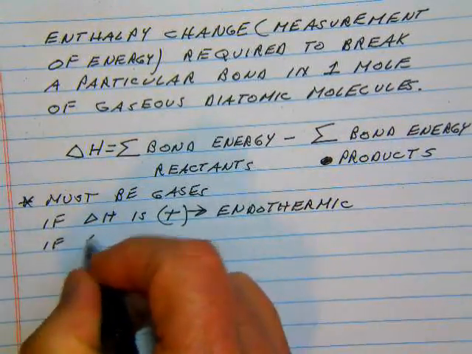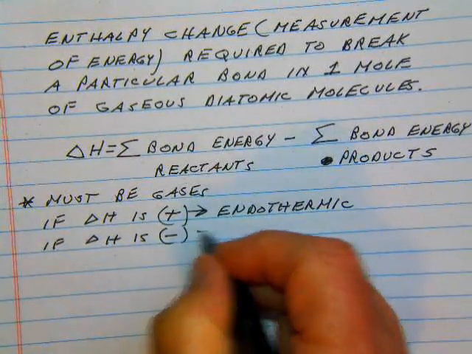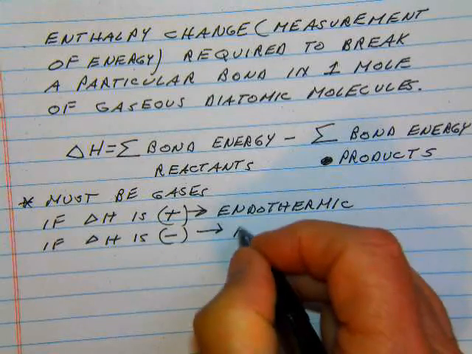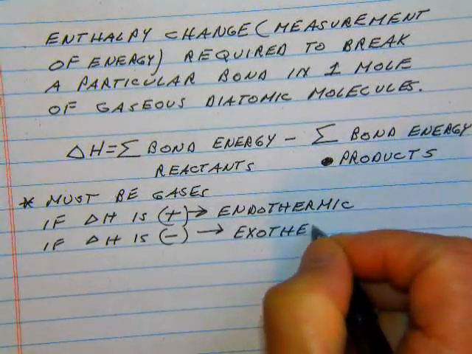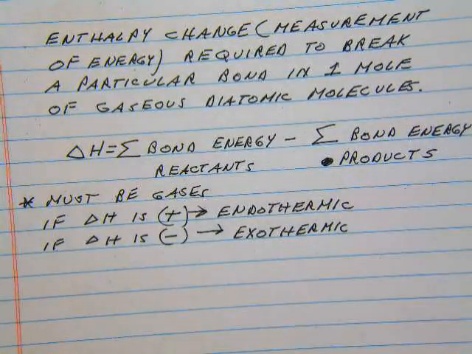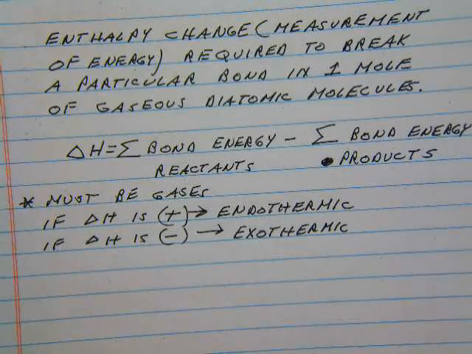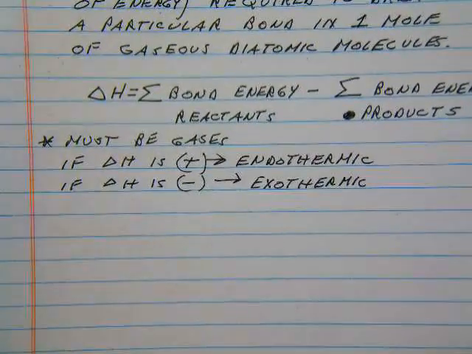If delta H is negative, then we've got an exothermic reaction. And we'll do a couple of examples of what's happening here.